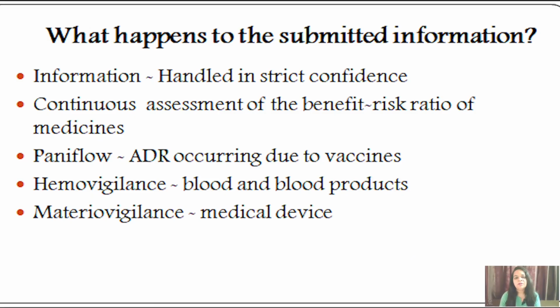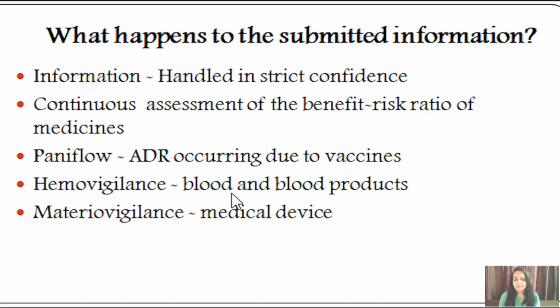Now, what happens to the reported information? ADR information is handled in strict confidence. Continuous assessment of the benefit-risk ratio of medicines is done under this program. PvPI's vaccine counterpart is used for adverse reactions occurring due to vaccines.